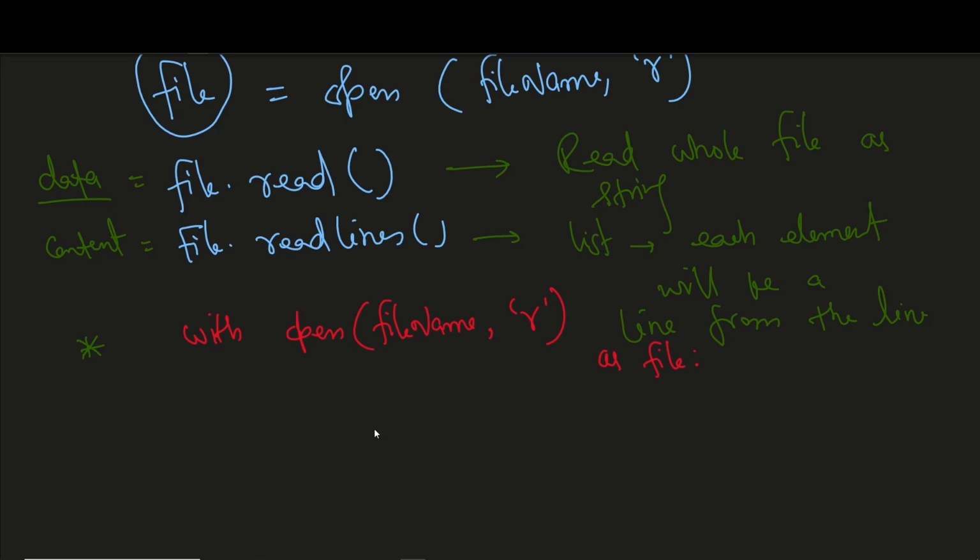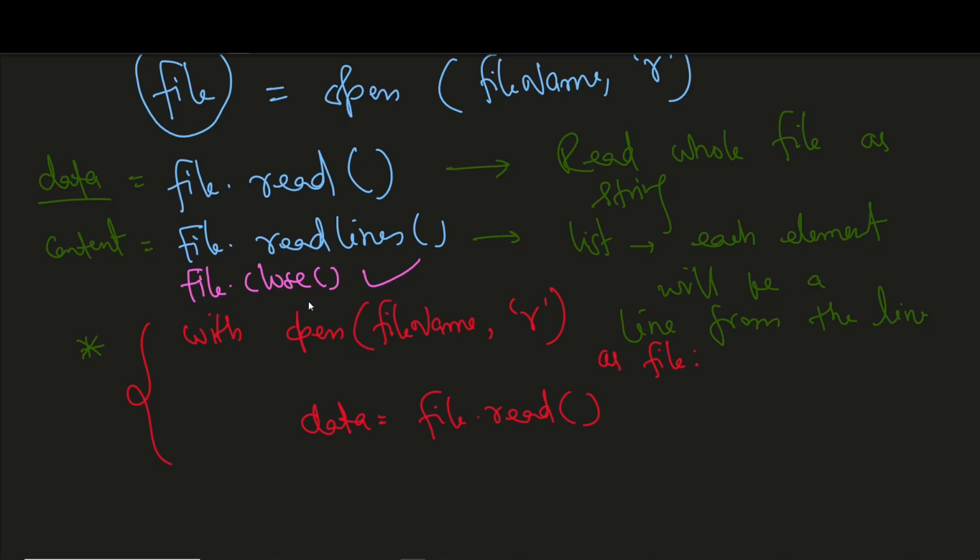And when you have a file, you can use this file handler to read the content of this file. In this case, you don't need to use a close function, but in the above case, when you are opening a file in this way, you need to use a method called file.close. And after this statement, the file is closed.